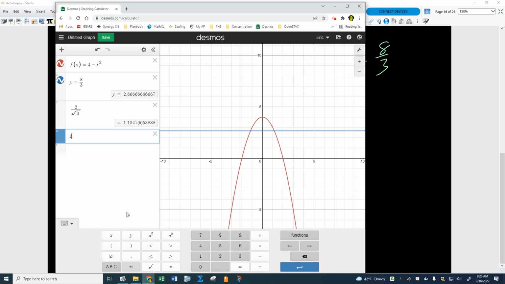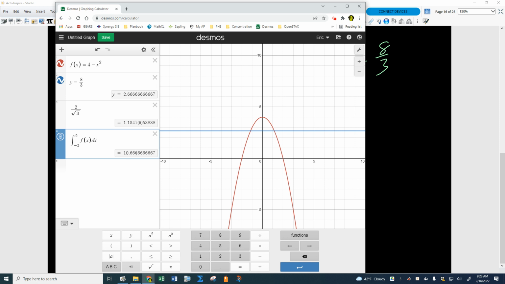I wonder, if I do int, yeah, okay, you just type in int and it does a definite integral. So the definite integral from -2 to 2 of f of x dx is that. Wow, that's pretty cool.